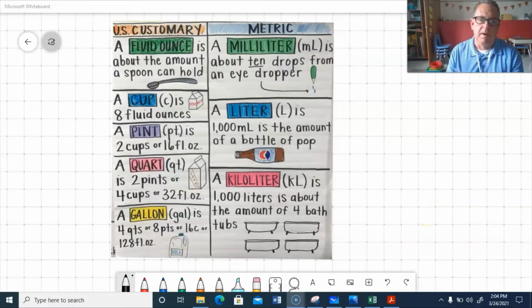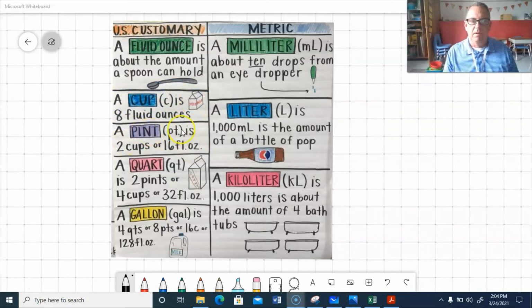Okay, these are some anchor charts that I thought would be good to look at, because they give you some examples of the different units of measure, or how you'd measure them. We already talked about customary a little bit, but a fluid ounce is about how much a spoon would hold. A cup, or 8 fluid ounces, is like a milk carton like you get in the cafeteria.